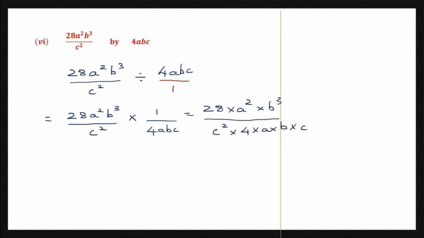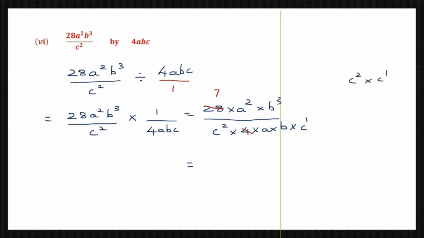So here, what can we cancel? We can cancel 4 and 28. 4 7s are 28. And we can also add c square into c to the power of 1. Remember, we did the product law in multiplication. So c to the power of 2 into c to the power of 1.